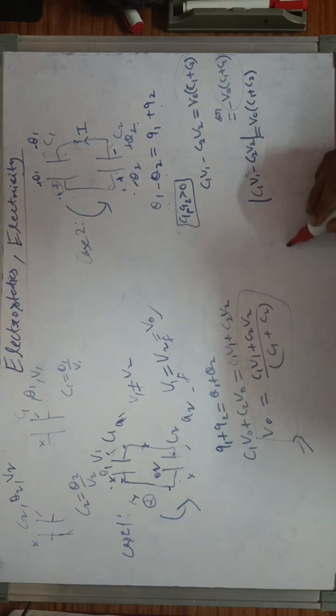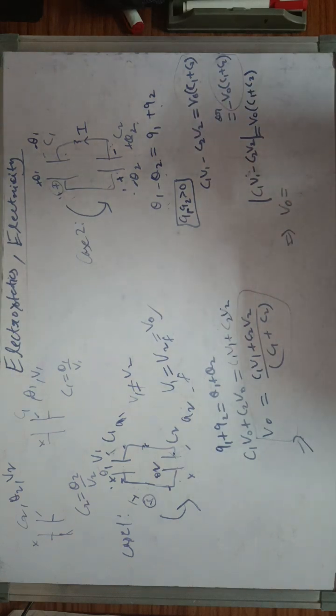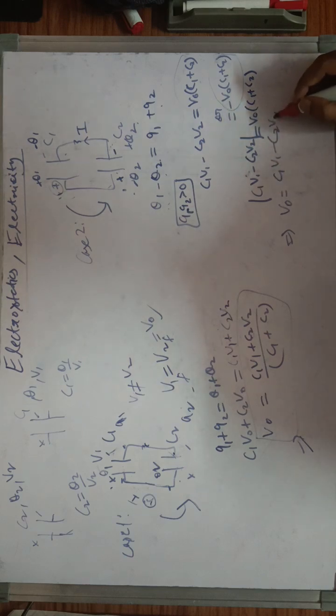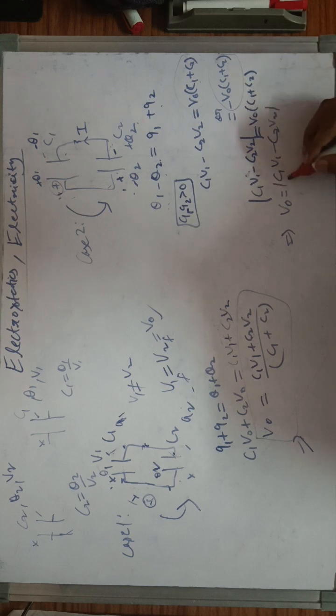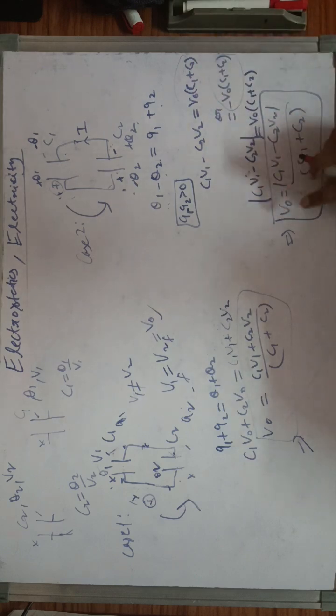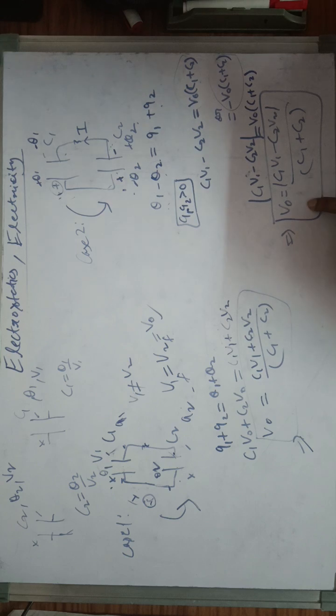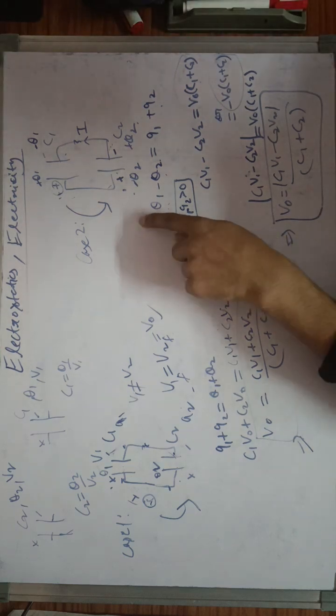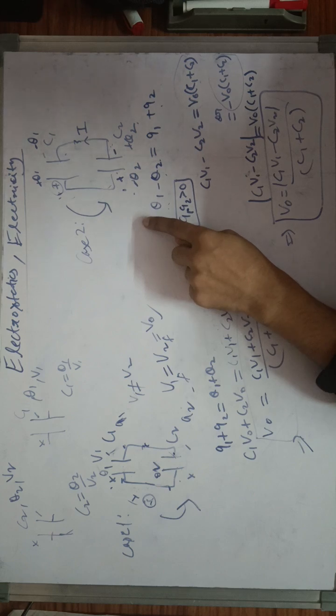So this gives V naught is equal to the modulus of C1 V1 minus C2 V2, divided by C1 plus C2. This gives the magnitude of the potential difference across the capacitor. And if I want to know the direction of the potential difference, then I have to assume one sign.